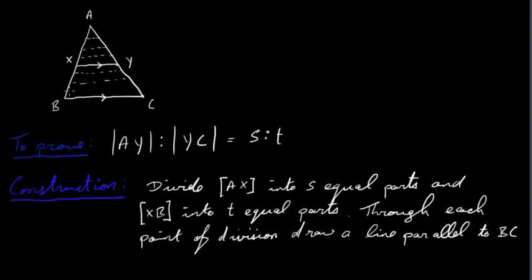We'll do 3 as well, 3 lines. So we've divided AX into S equal parts, and we've divided XB into T equal parts, and we've drawn lines parallel to BC across here. Now let's just move on to the proof then.